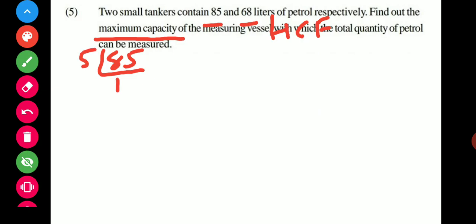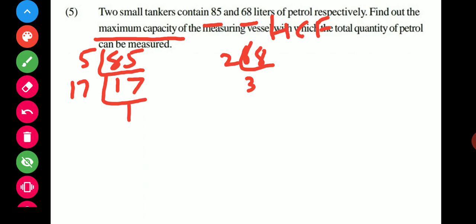So 5 ones are 5, 3 carry, and 5 sevens are 35. Once again it is divided by 17 and we get 1. And here is 68. 68 divided by 2, and once again divided by 2, then by 17, so we get 1.